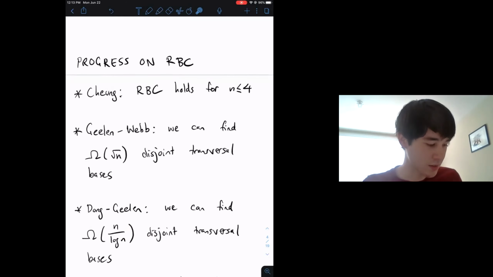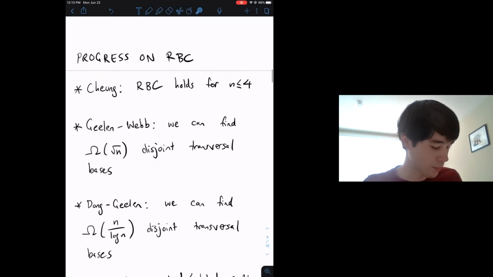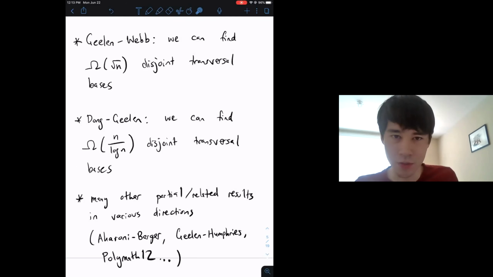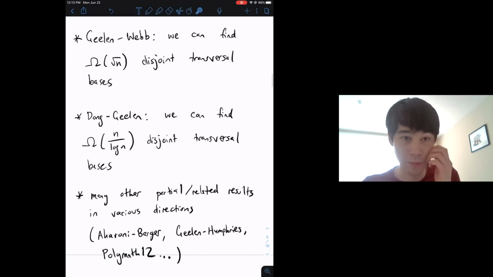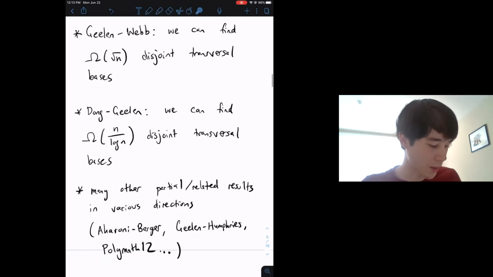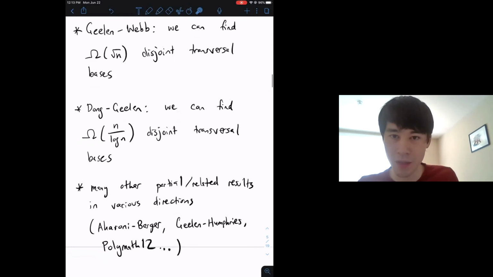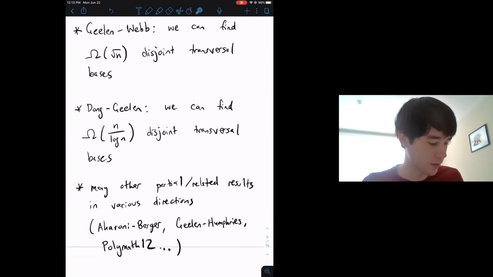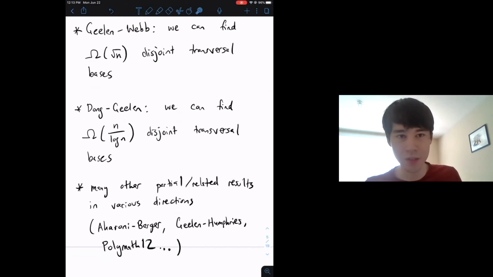Okay, so those are some of the things that have been proved. I don't want to get too off topic and describe things that aren't really related to what I'm talking about today, but there's been lots of other work on this problem. It's been quite a popular one. Maybe worth mentioning in particular is this thing called the Polymath Project that was initiated by Terence Tao and some others, where they tried to bring people together to work together and solve a problem on the internet.